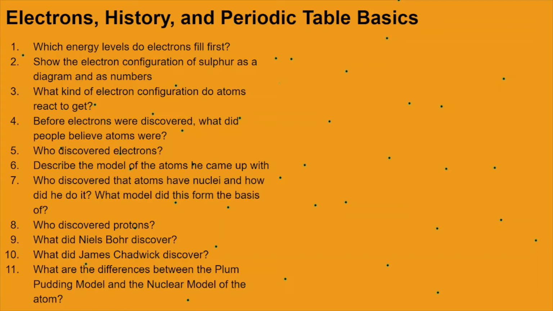And then Ernest Rutherford discovered that atoms have nuclei, and you need to know how he did it. He performed an experiment where he fired alpha particles at a 1 atom thick sheet of gold. According to the plum pudding model, he expected all of the alpha particles to go straight through, but some of them, a small percentage, got deflected, so he had to conclude that there was something in the centre of atoms, and he called this the nucleus.